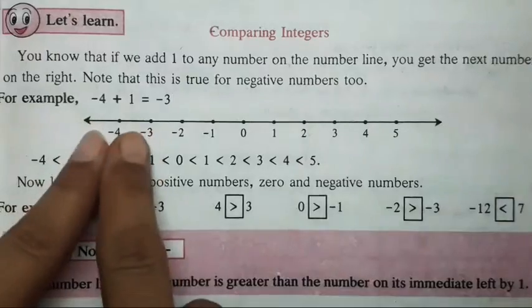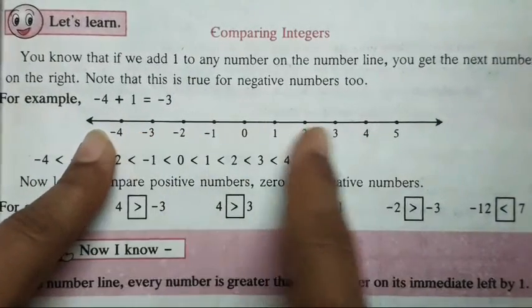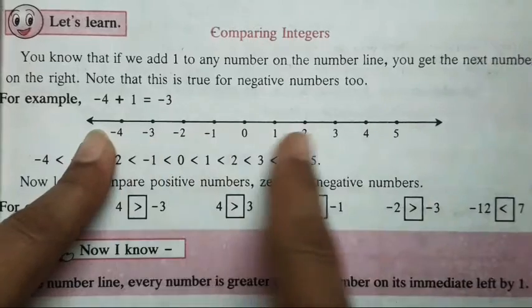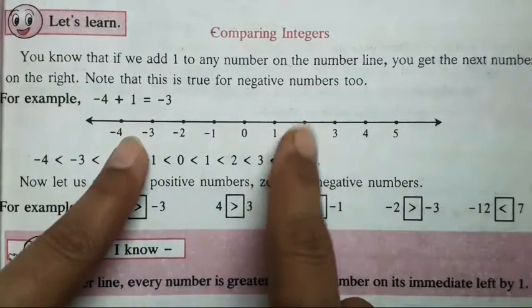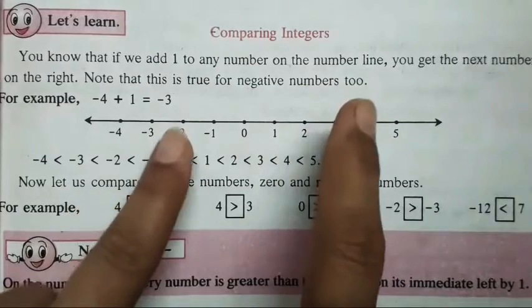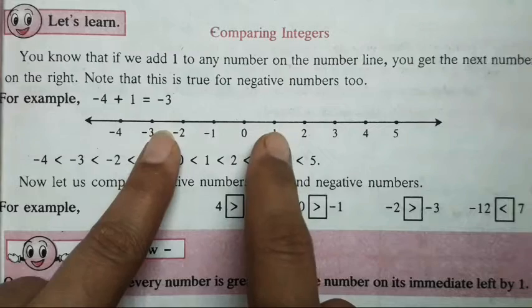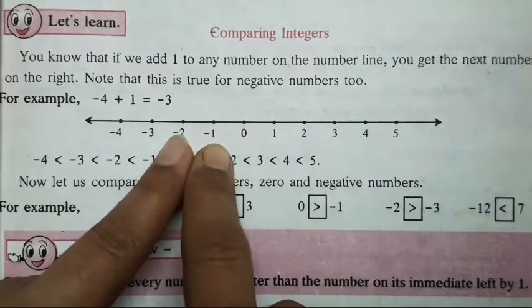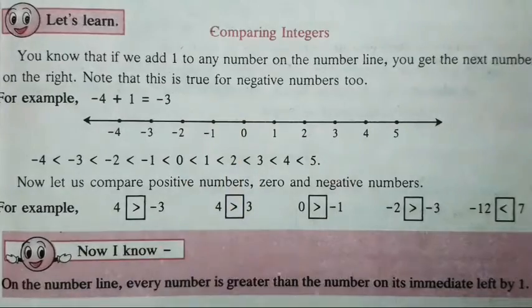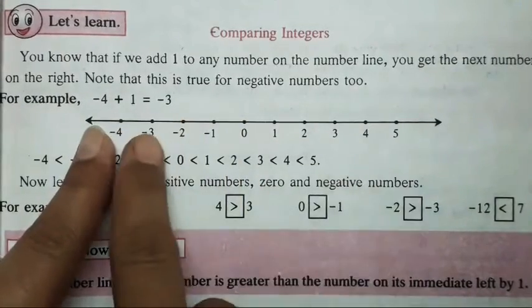Means left से right जब हम move करते हैं, when we move from left to right, numbers जब आते हैं जैसे -4 and 2, so which is going to be greater? 2 will be greater. -3 and 1, which will be greater? 1 will be greater. -2 and -1, which will be greater? -1. So always remember the numbers to the right hand side of every number.